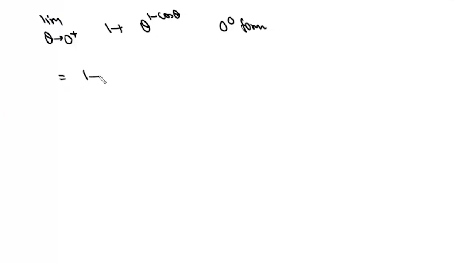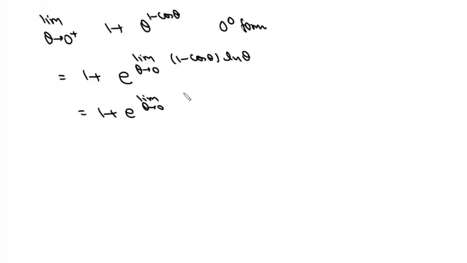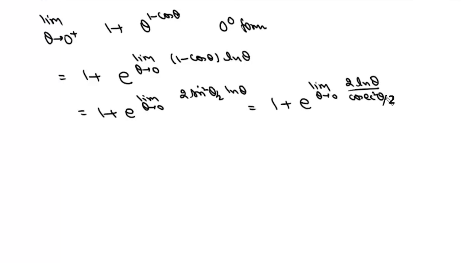Now we can write this as 1 plus e to the power limit theta tends to 0, (1 minus cos theta) into log theta, and we can write 1 minus cos theta as 2 sine square theta by 2, into log theta, which we can also write as 1 plus e to the power limit theta tends to 0, and this is 2 log theta upon cosec square theta by 2.